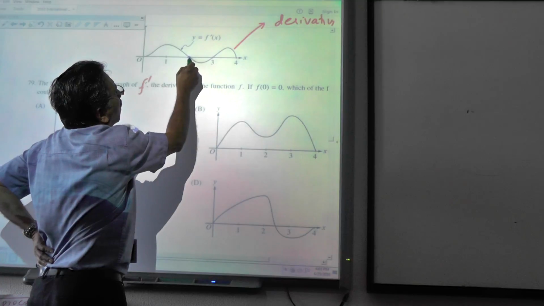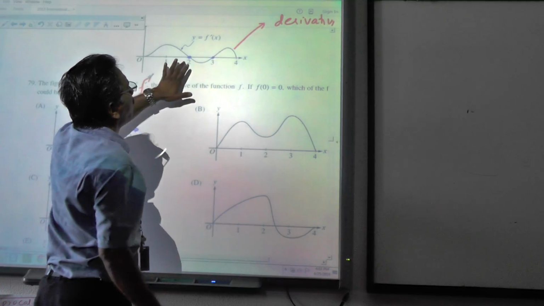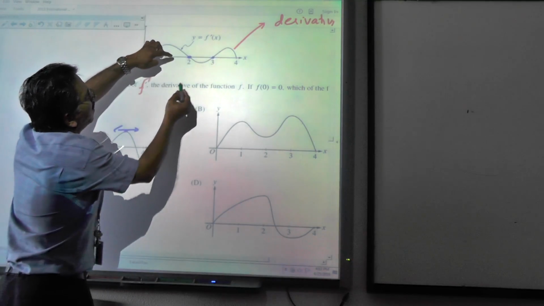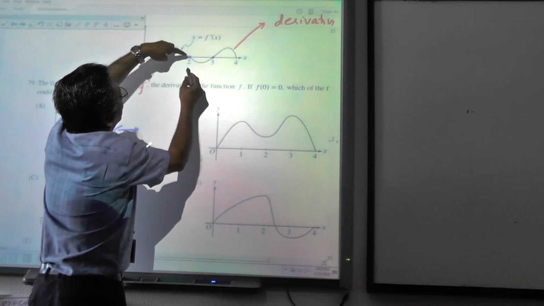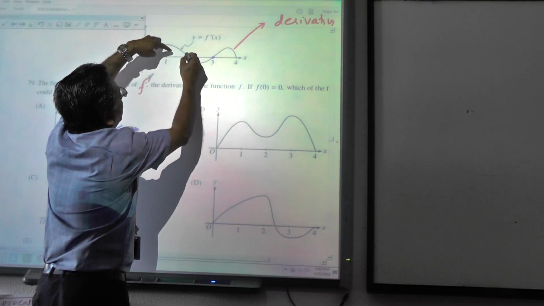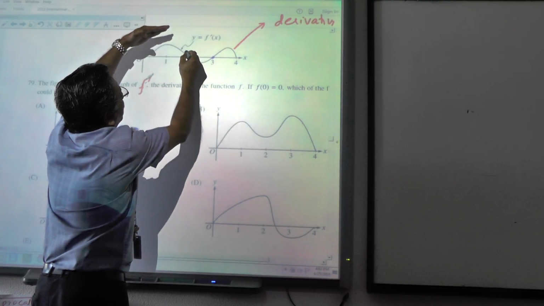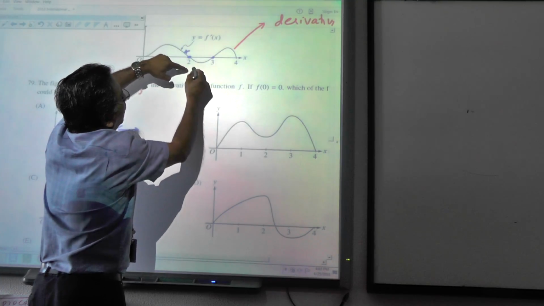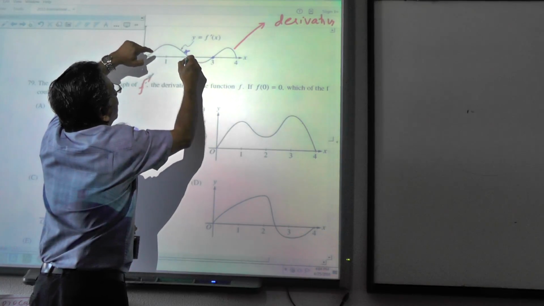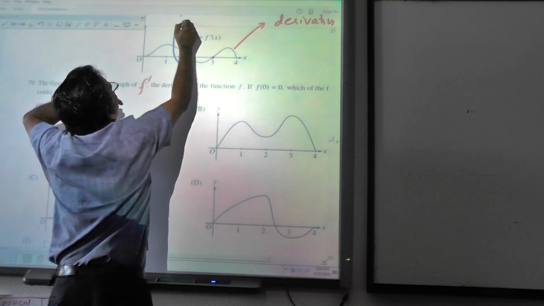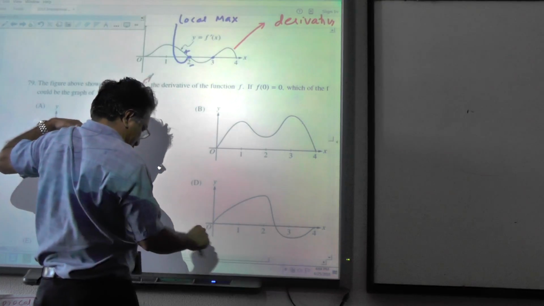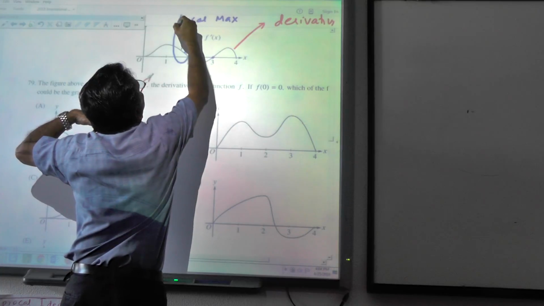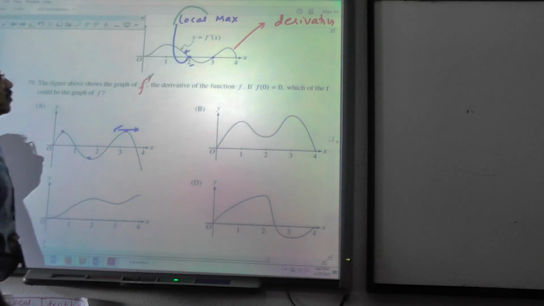And you see this crosses the x-axis at 2 and 3. So that means when it crosses, this is a derivative function. So f dash of 2 is 0, but this side it is above the axis, so it is plus, and it is minus here. So that means this one is like a local maximum. It means at this point, the graph has to be something like this.